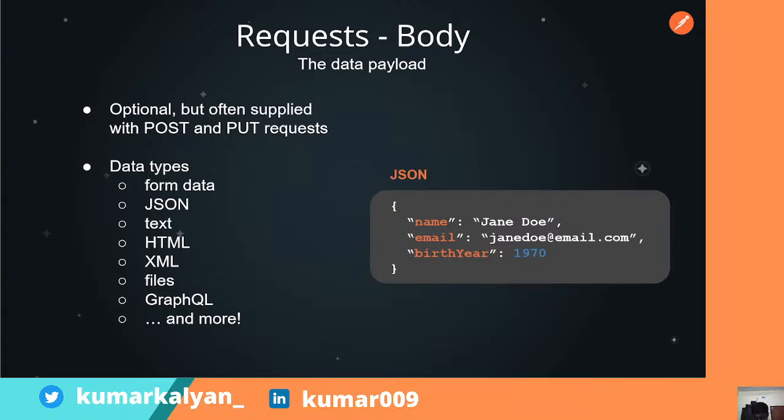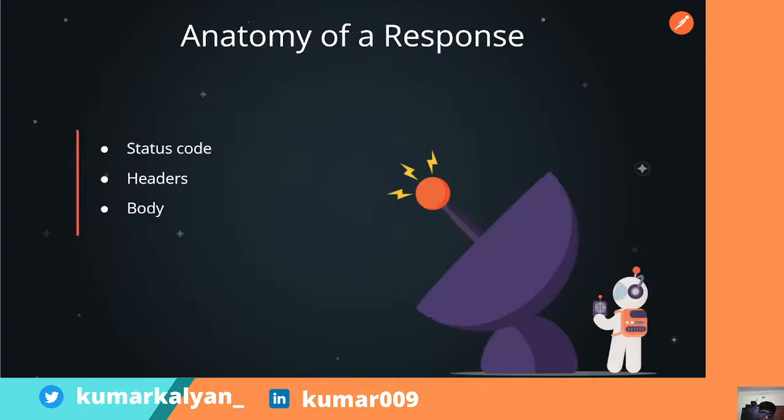Like you must have seen that if you send some information about your profile, your profile picture, your name, your birth date, to your Facebook or Meta account, it actually passes the data in the form of JSON. So similarly, we need this sort of thing. We call all this information collaboratively the request body.